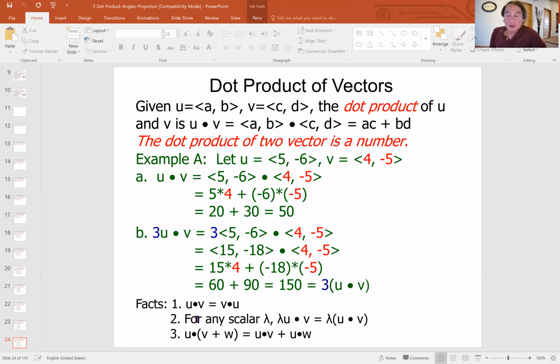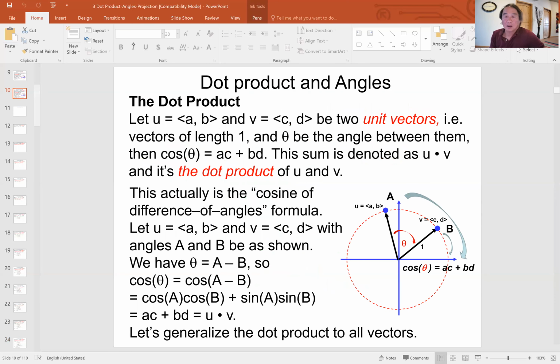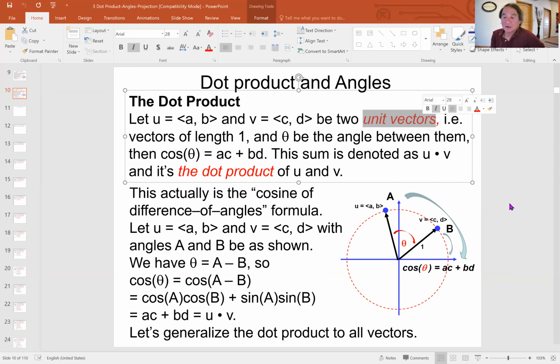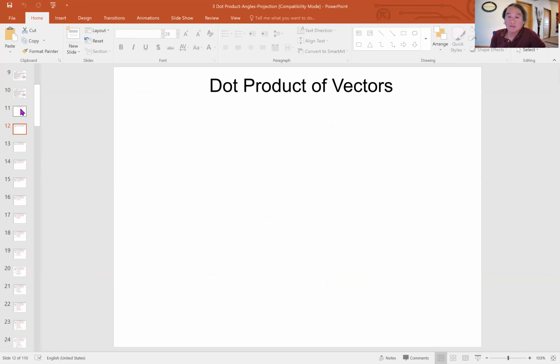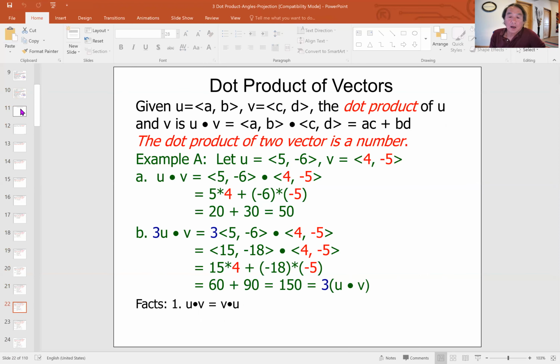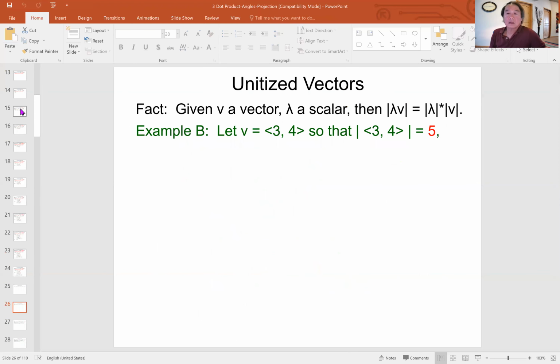Now, going back to the angle formula, it depends on unit vectors. The length of these vectors, in order for the formula to work, has to be 1. So in general, if I want to figure out the angle between vectors, then I have to resize them. Here's how we resize them.